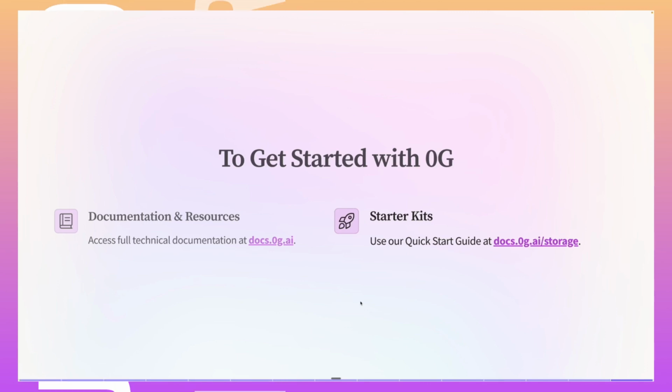Within 2 minutes, you will get started with 0G storage. You can even use it for storing any files, or if you want to store your larger files at a cheaper rate and you don't want to pay for Google Drive or anything, you can use 0G. Let's try it out.